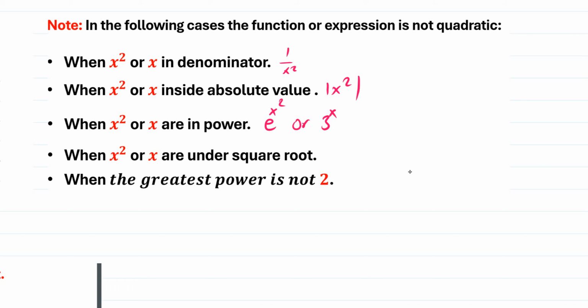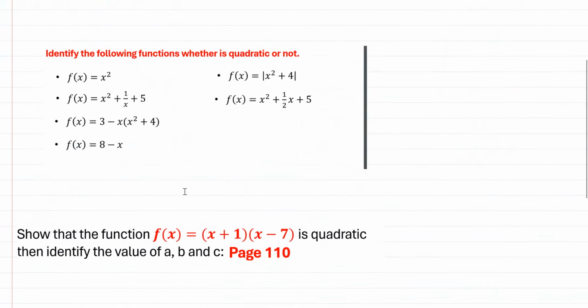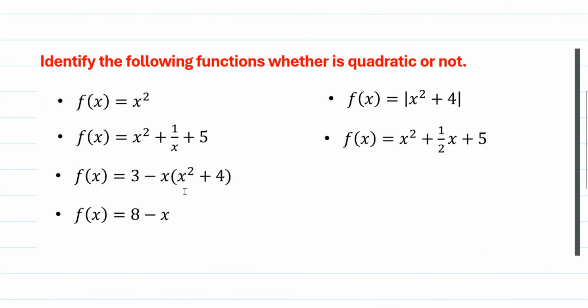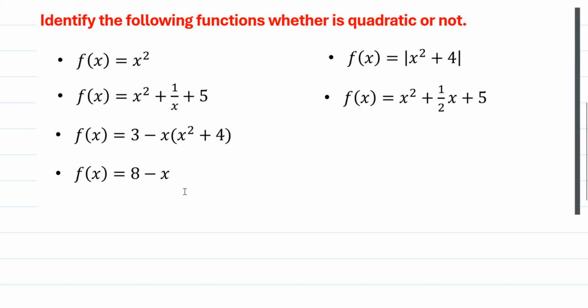When x squared or x is under a square root, like x squared plus 1, something like this, or when the greatest power is not 2, let's say if you have x power 3 plus x squared plus 1, this is not quadratic, right? Very simple. So let's take some examples to understand the topic better, which say identify whether the function is quadratic or not.